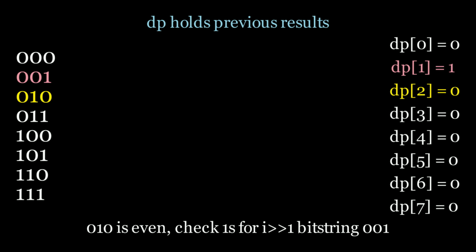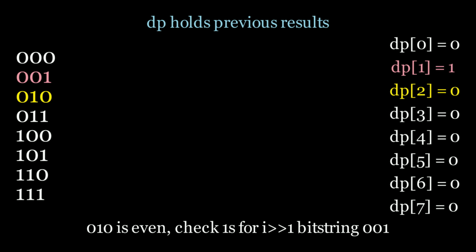So essentially, you're looking at the current number divided by 2, and that bit string will have the same exact number of ones because we're just shifting the ones from left to right, but the number of ones stays the same. And you'll see that 0, 1, 0 has the same ones as 0, 0, 1. And so if the number we're looking at is even, we're going to check for the number of ones of I shifted over to the right by 1.